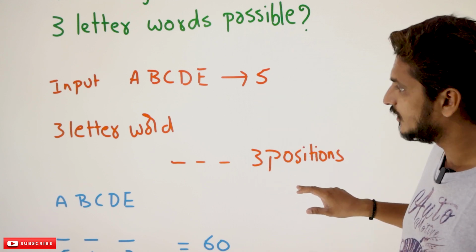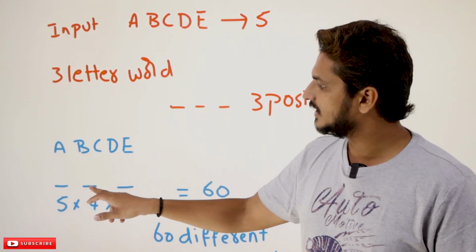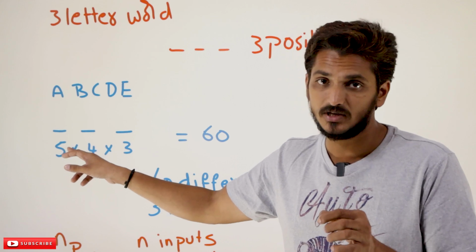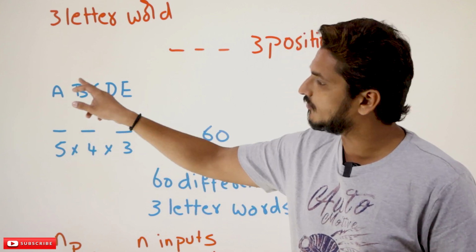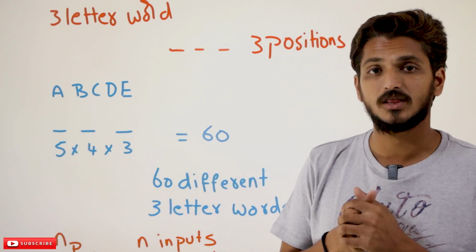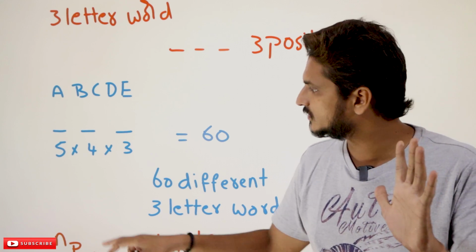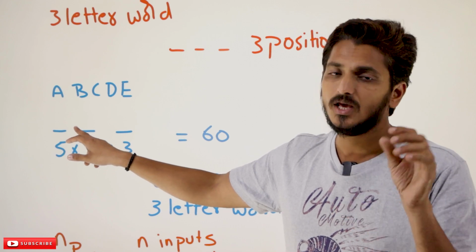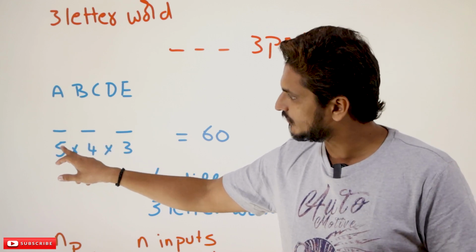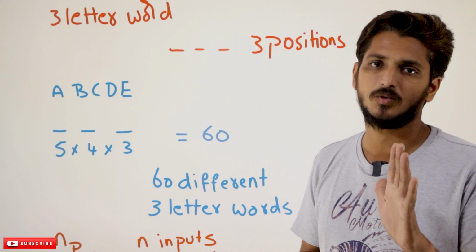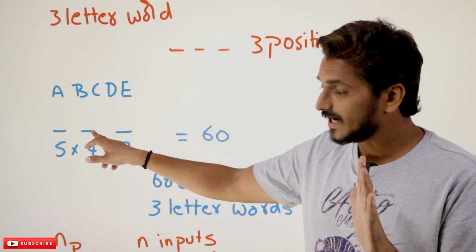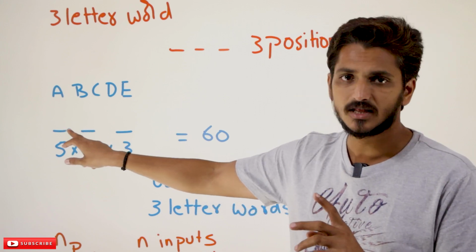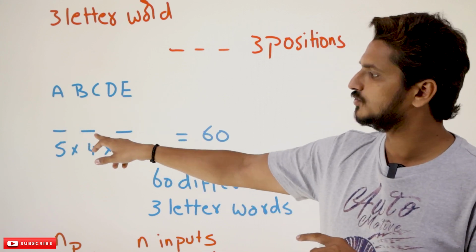So how are we going to fill the positions? A, B, C, D, E, we are having 3 positions. The first position can be filled with any one of these alphabets. So how many possibilities are there? We are having 5 possibilities. You can fill with A, you can fill with B, C, D, E. The second position can be filled with 4 different possibilities. If you choose A here, remaining B, C, D, E can be used here.